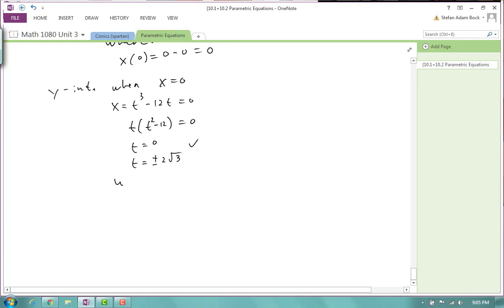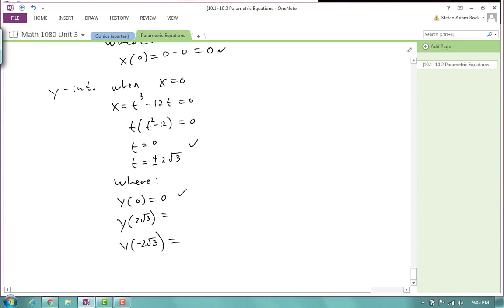So I'll plug these into y. I want y of 0, which is 0. So that's good because that should have happened up above. But also I want y of 2 root 3 and y of negative 2 root 3.